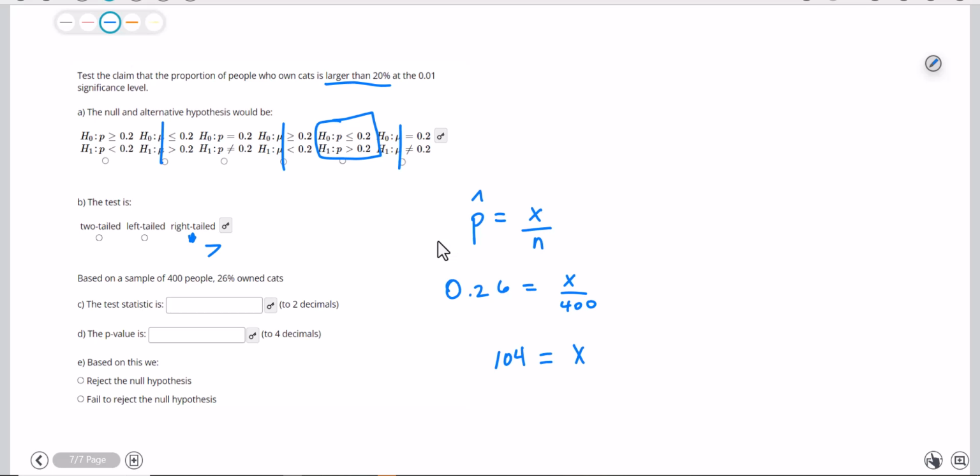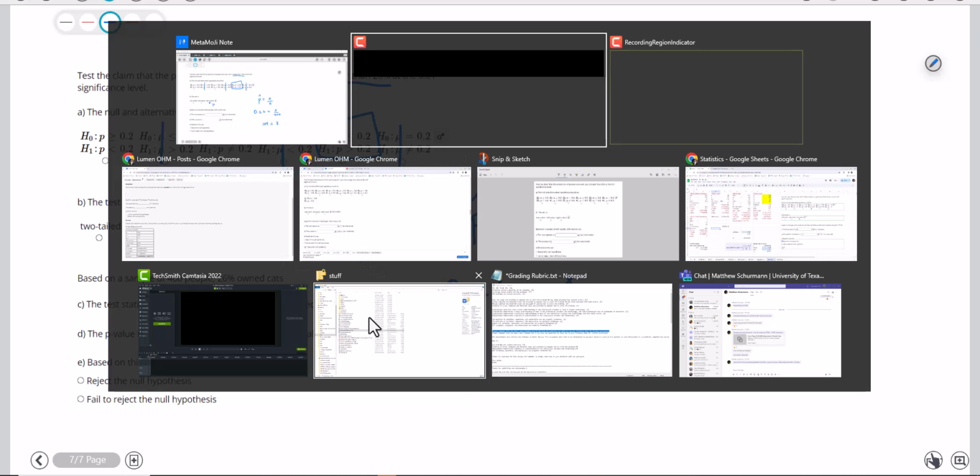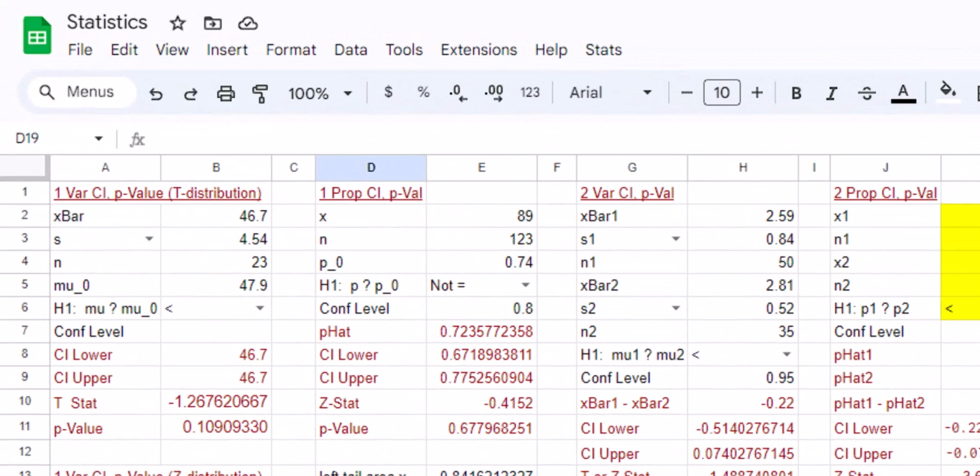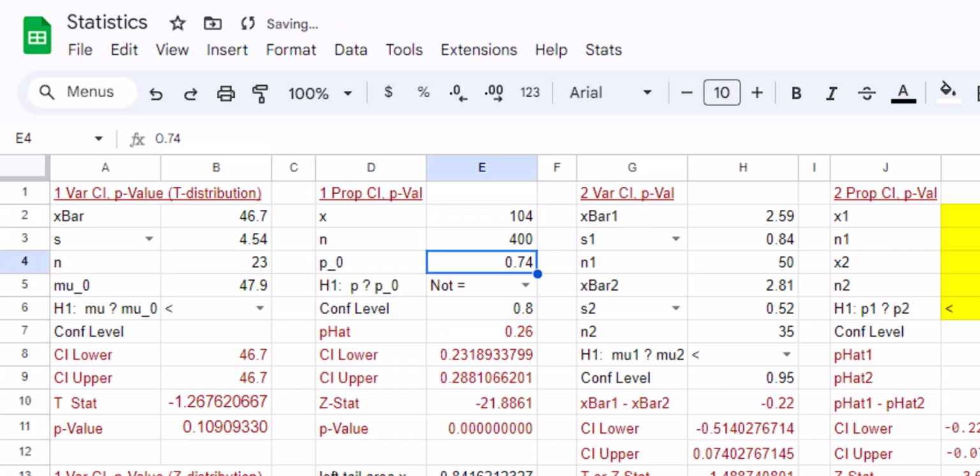I'm definitely not going to do this by hand, so I'm going to go grab my Google Sheets. I'm going to be on the data list tab, and so I'm going to start entering my information in here. I just found my X was 104. My sample size was 400.